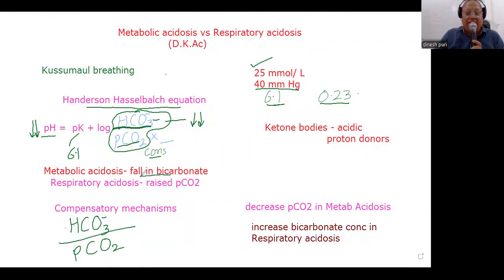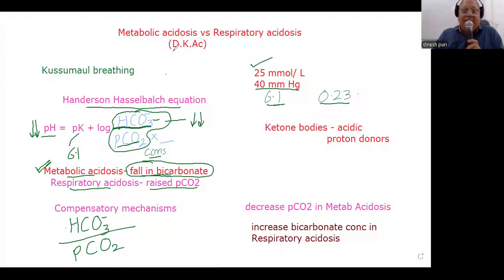So fall in bicarbonate or elevation of partial pressure of carbon dioxide, both are capable of decreasing the pH value. When the primary defect is fall in the bicarbonate concentration, then we call it metabolic acidosis. Conversely, when raised PCO2 is the primary cause of fall in the pH, then it is respiratory acidosis. So fall in the numerator, metabolic acidosis.